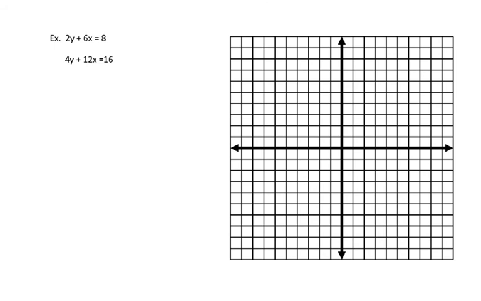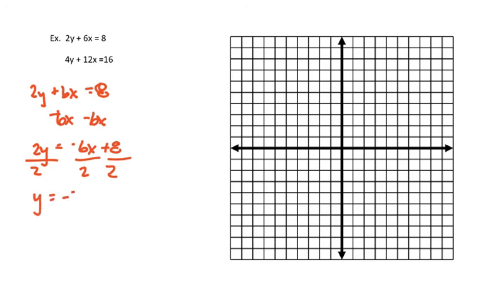So now I've got 2 equations that are not in graphing form. So let's start with the first one. We've got 2y plus 6x equals 8. We are going to subtract 6x because we're trying to get this into y equals form. So we've got 2y equals negative 6x plus 8. We're dividing by 2.